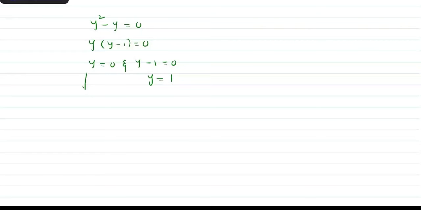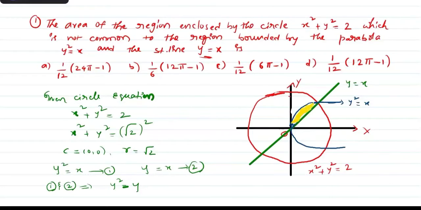When y is equal to 0, x is also 0, the point is (0, 0), and when y is equal to 1, x is also 1, the point is (1, 1), right? So one point is (0, 0), and the other point where the line and parabola intersect is (1, 1).